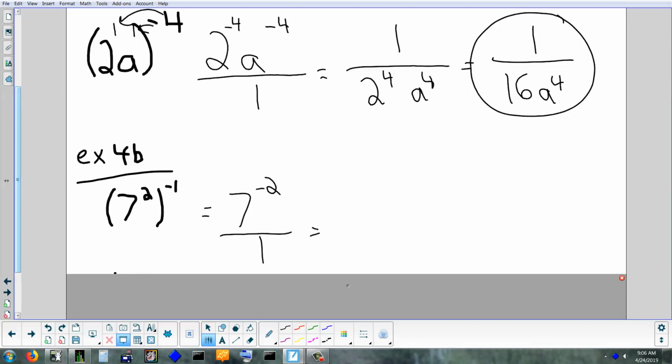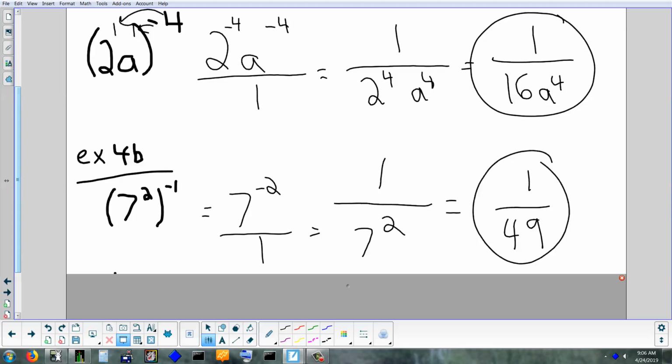What am I going to write on the bottom? 7 with a positive 2, because it changes it, right? Anyone know what that simplifies to? 49. On the bottom 49, on the top 1. So I have 1 over 49. All right?